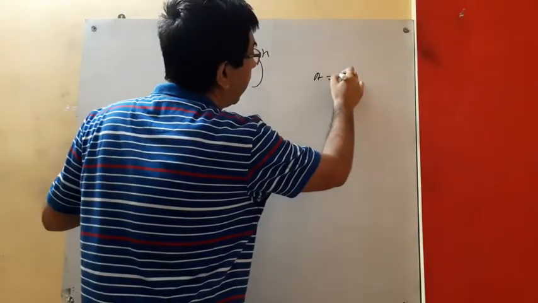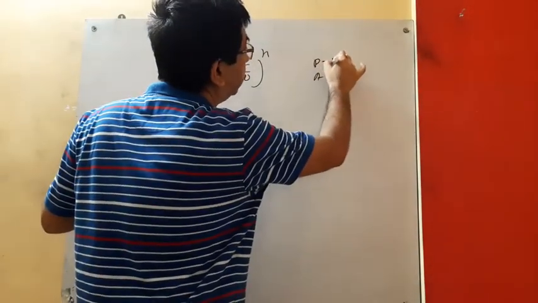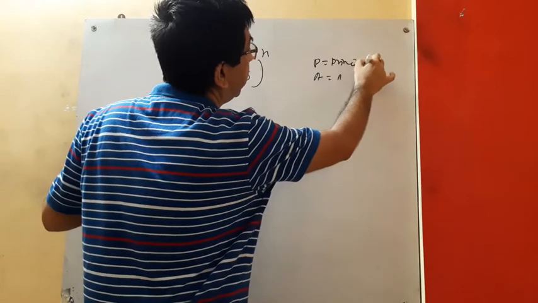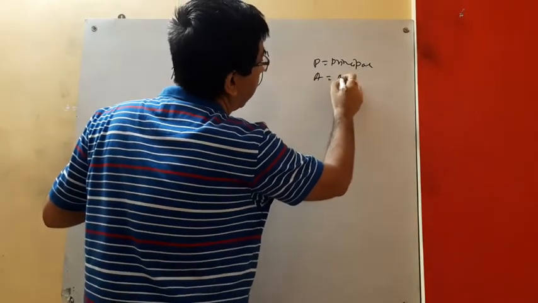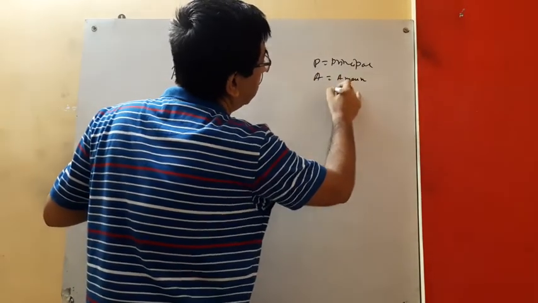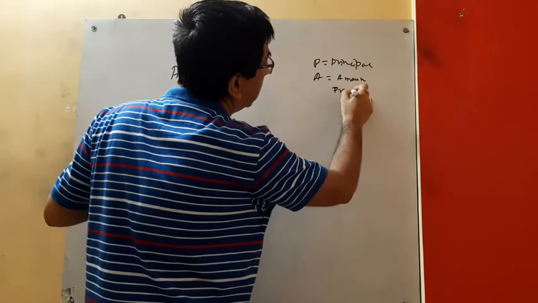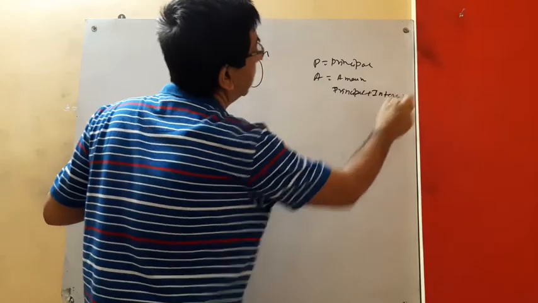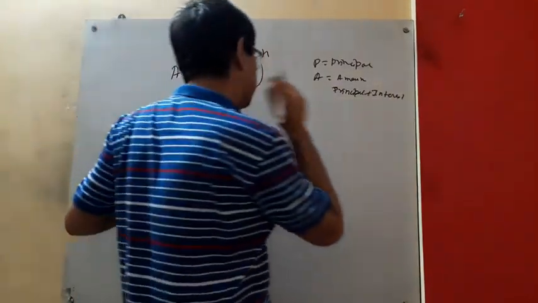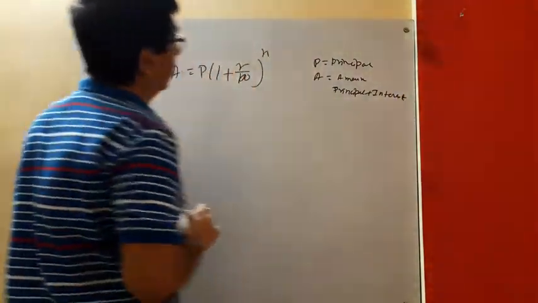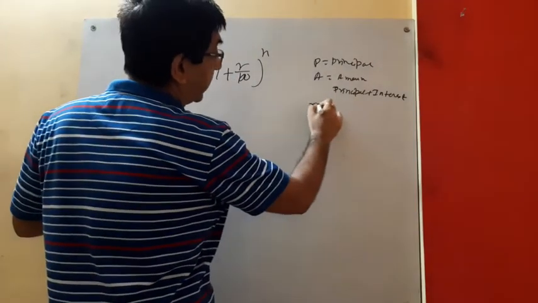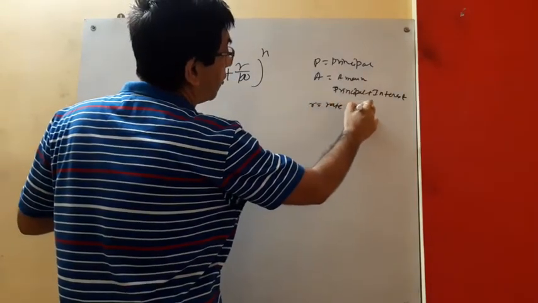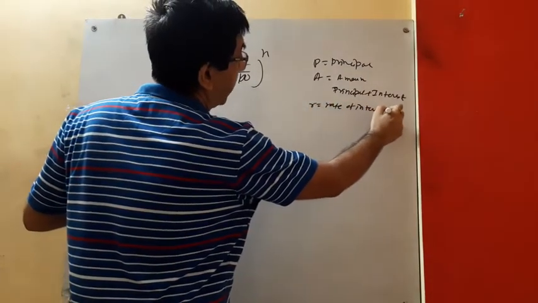P is the principal. A is the amount, and amount means principal plus interest, whether it is simple or compound. R is the rate of interest per annum.